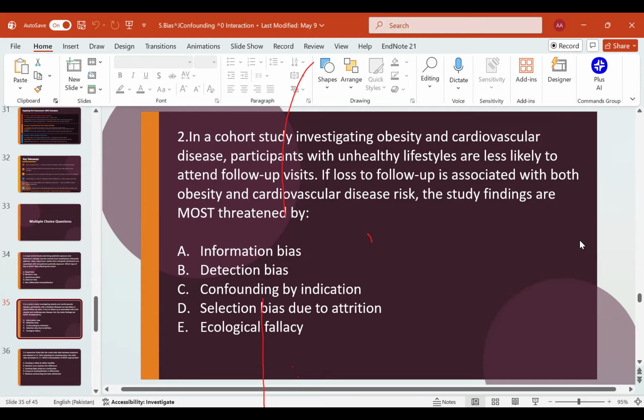Basically, this is D, selection bias due to attrition.